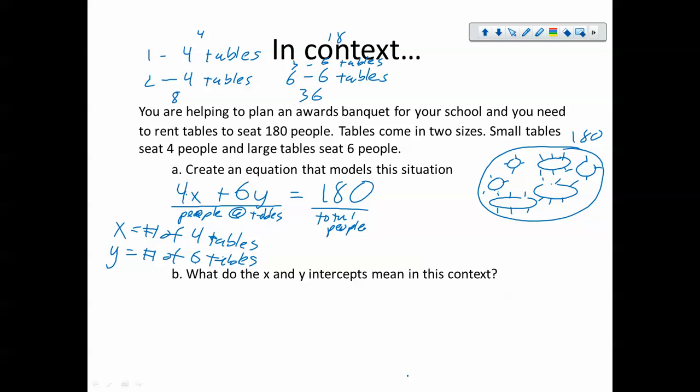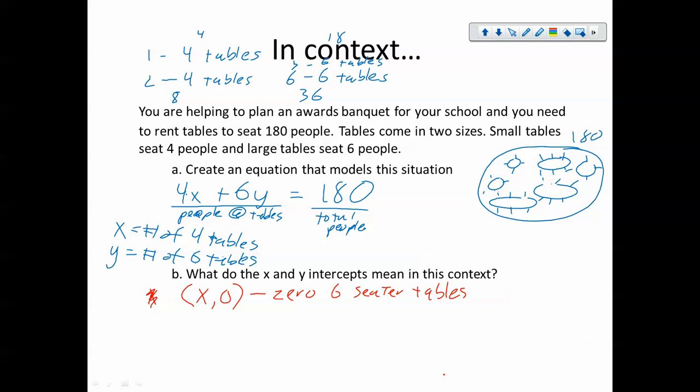So let's answer these other questions. What do the X and Y intercepts mean in this context? Okay, so my X and Y intercepts, remember, to find the X-intercept, I'm going to plug in 0 for Y. Well, what does it mean to have 0 for Y? 0 for Y means I have 0 6-seater tables.